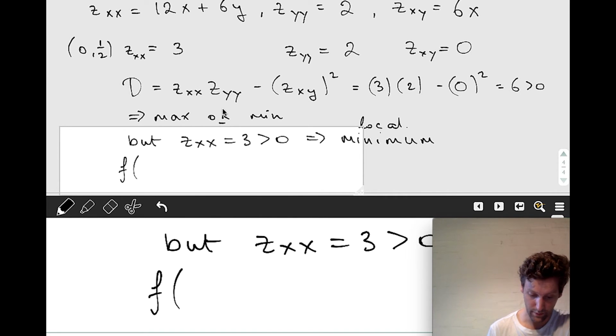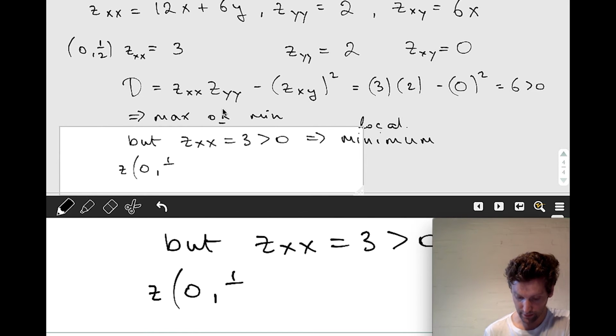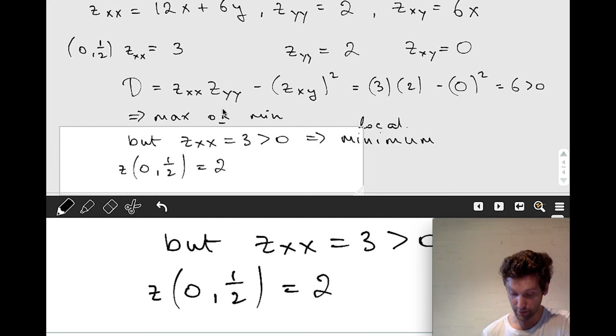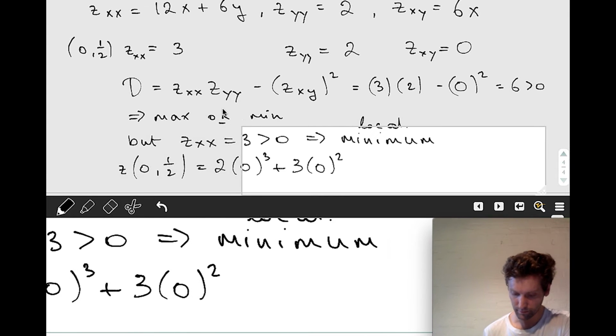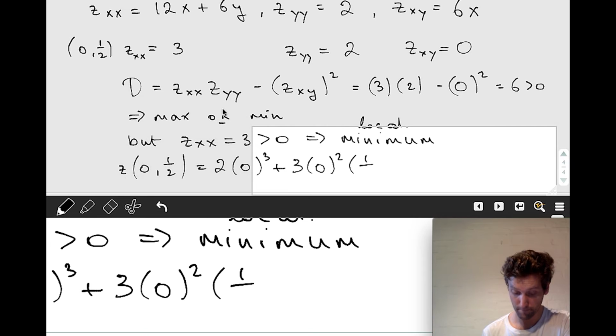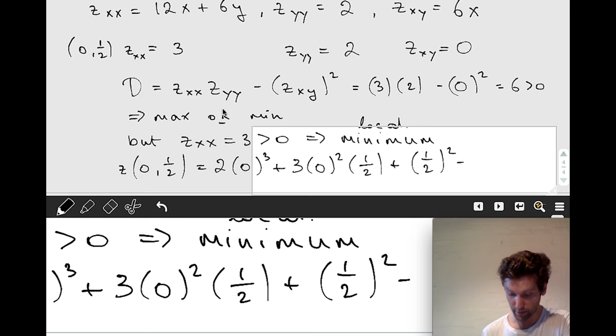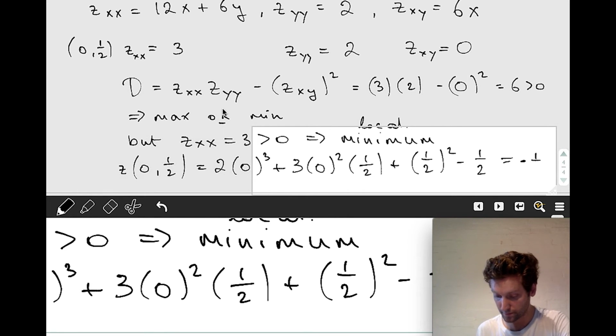So, sorry, we're talking about z at x is equal to 0, y is equal to a half, substituting that into our expression for z, 2x cubed plus 3x squared times y plus y squared minus y is equal to 0 plus a quarter minus a half, which is minus a quarter.